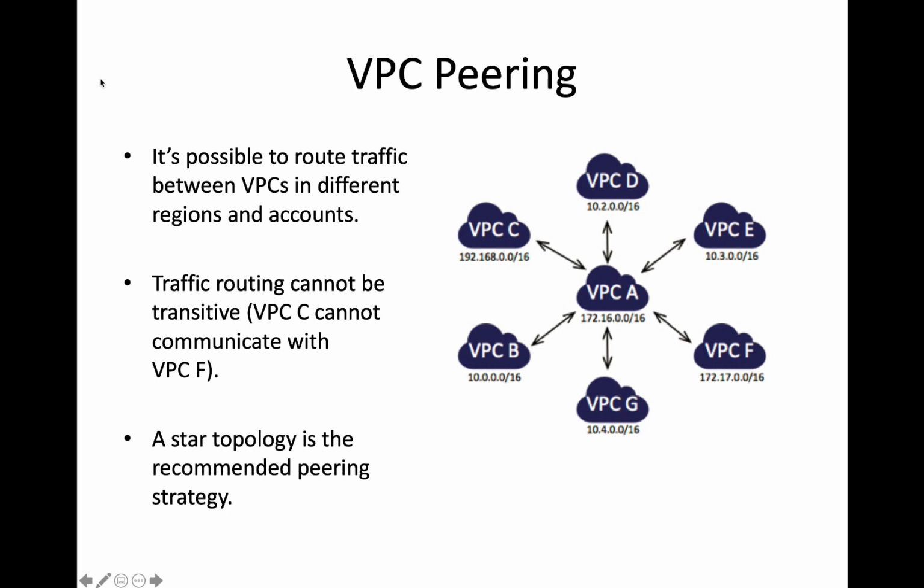So in this diagram, you see a set of VPCs where VPC A is in the middle, and I have VPC C and VPC F that are both connected to VPC A. It's not possible to route traffic directly from VPC C to VPC F, even though these two VPCs are connected to a common VPC A. Not possible to transitively route traffic between these two separate VPCs.